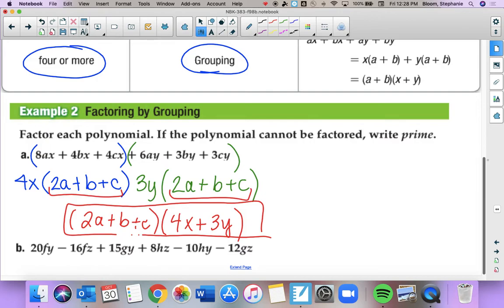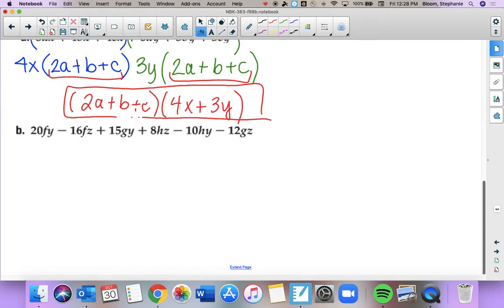All right, I want you to try the next one. Find somebody around you to talk it through if you need to, and let's see what we get on this one. And you can check your answer with somebody as well.